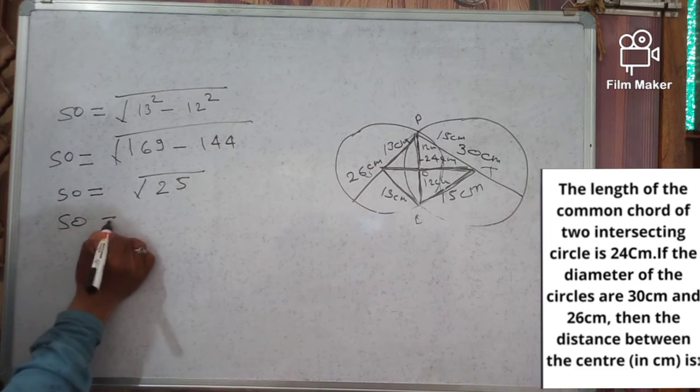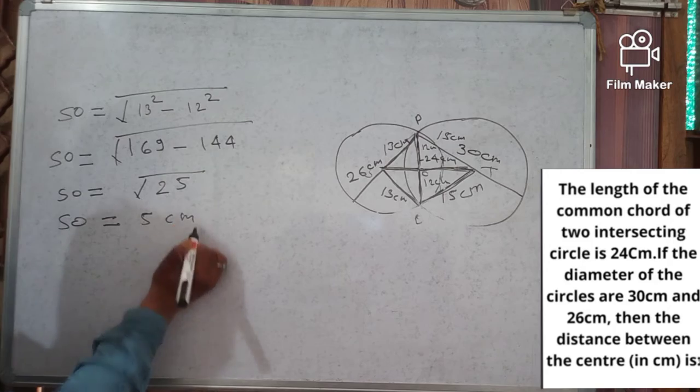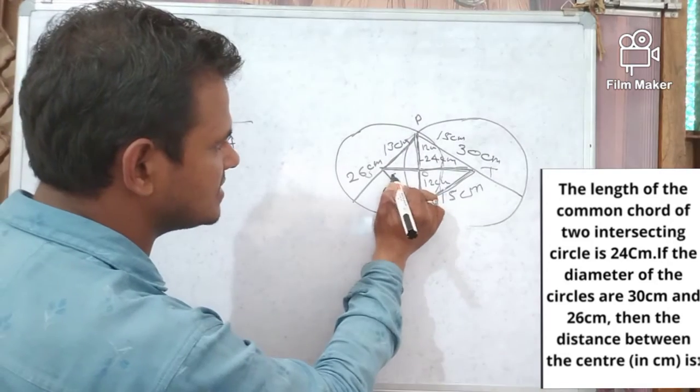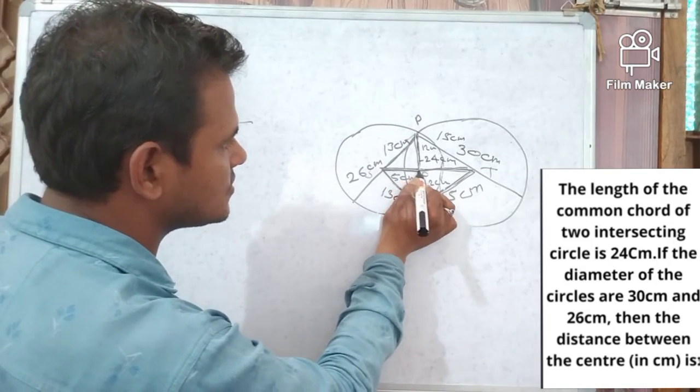So SO is equal to 5 centimeter, from here to here.